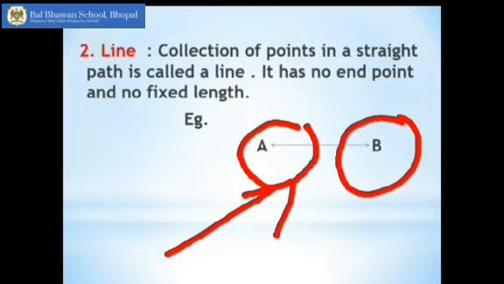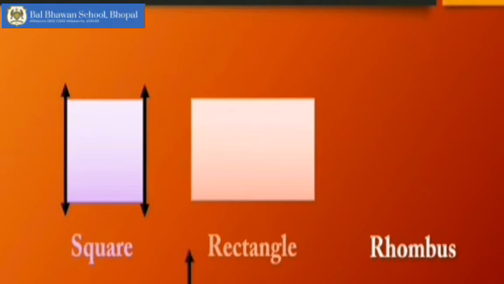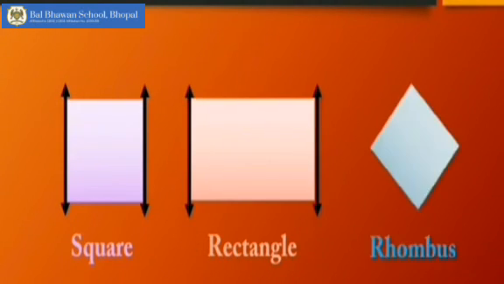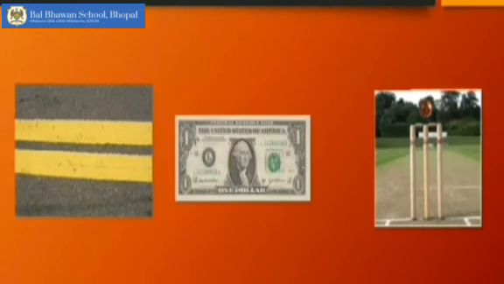Children, a line is represented by capital letters. Children, we observe different objects around us. They have different shapes, and these shapes are made up of lines. Let us see some more examples.